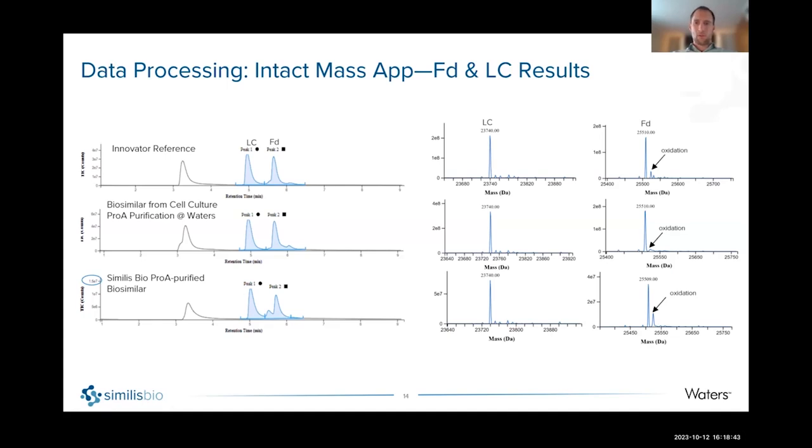So what we were able to determine was gross changes in oxidation, which for our purposes in clone selection and clone screening is actually sufficient. We don't need to go down to the site-specific level of whether it is Met 105 or Met 34 that's oxidized. We just know that if we're seeing gross increases in oxidation, then that's a concern.